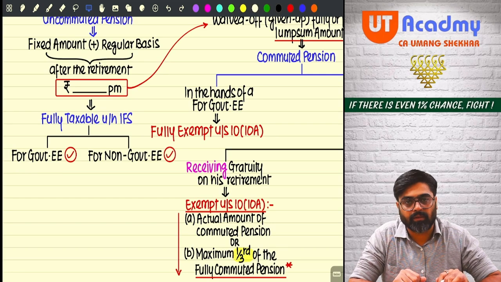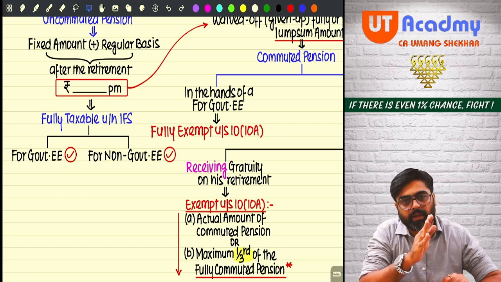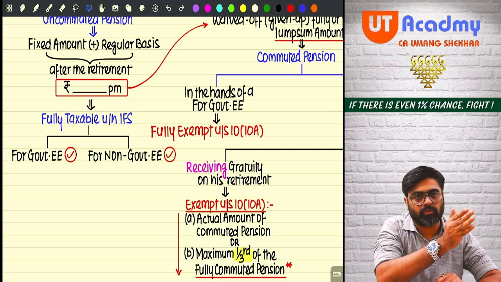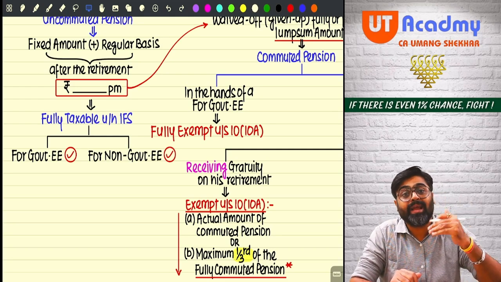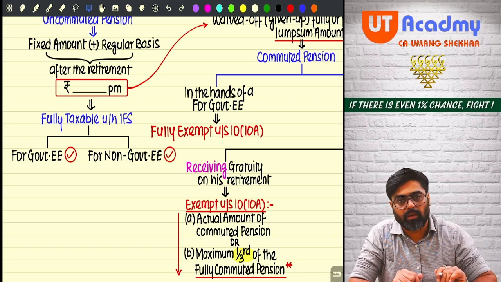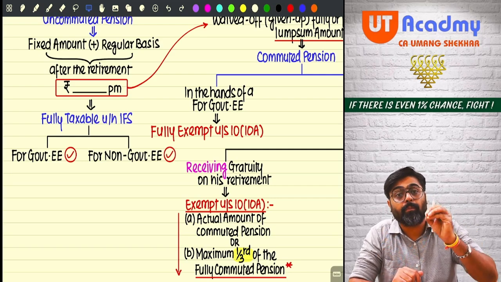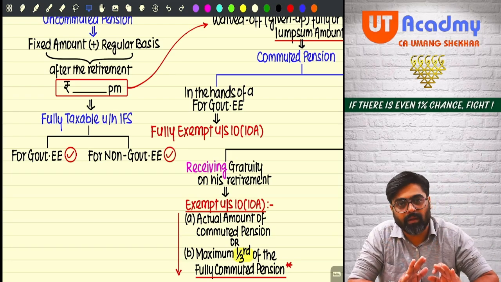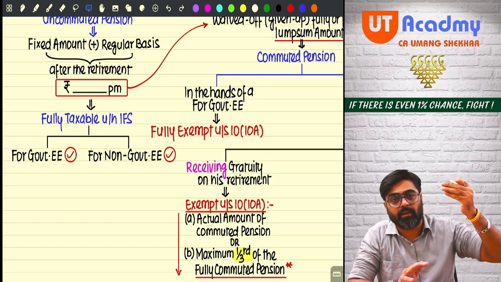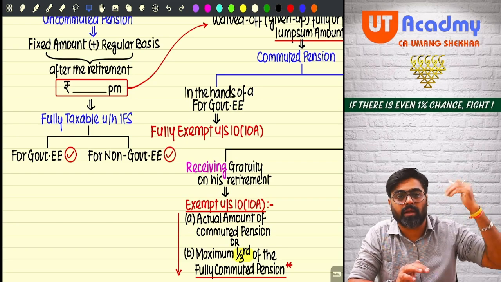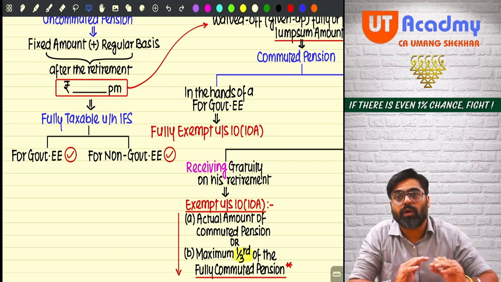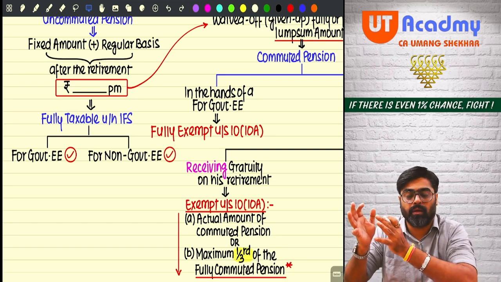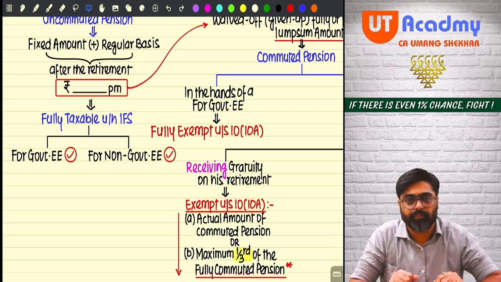But sometimes what happens is that after the retirement, the employee will keep on getting 10,000 every month. Now this might not serve the purpose of the employee, because he is in need of some lump sum money. For example, after his retirement he has planned to construct a house, or he has to get his daughter married.